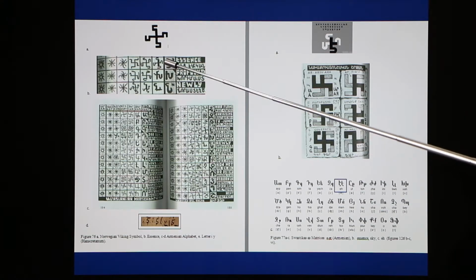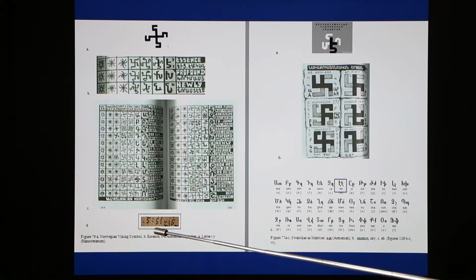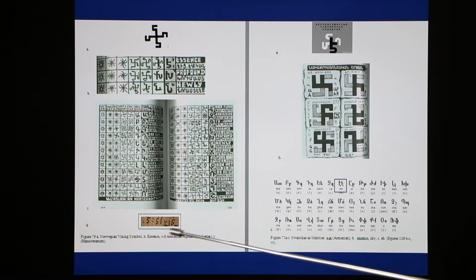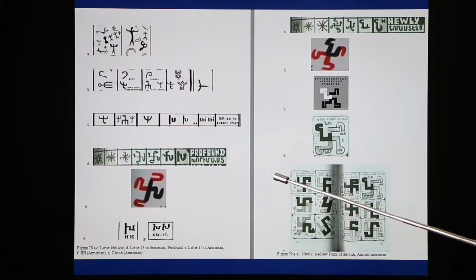I see that this is the symbol for essence, which is very close to the letter IY in Sanskrit in the early version. That comes there. Here I see it represented as a letter in a regular alphabet.